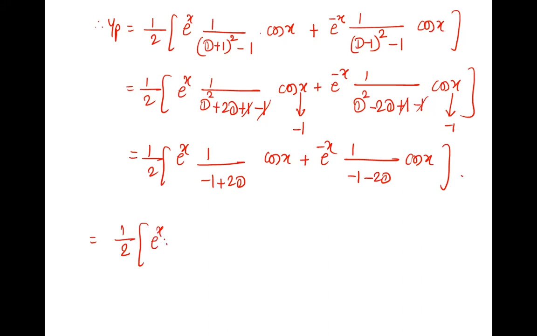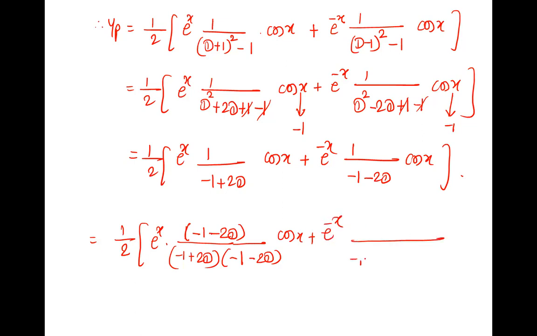What is next? What do we want next? D square. Yes, for that rationalize. On this side the D term is there, so we have to rationalize. We can just change the middle sign, minus 1 minus 2D, and multiply and divide on cos x. Similarly here also we want D square, so we can just change the middle sign and multiply and divide on cos x.